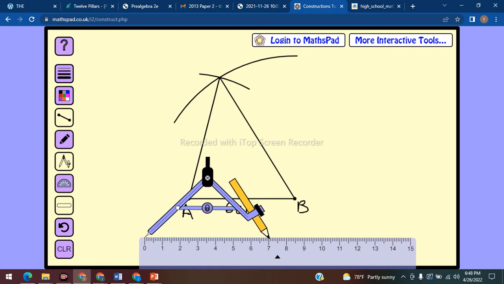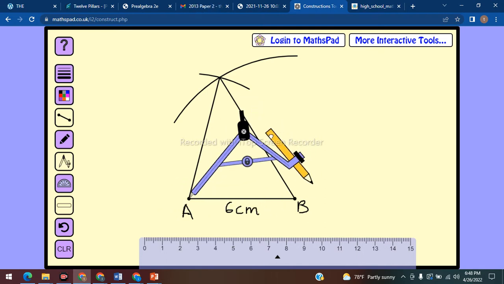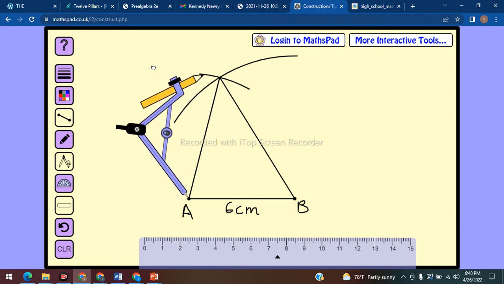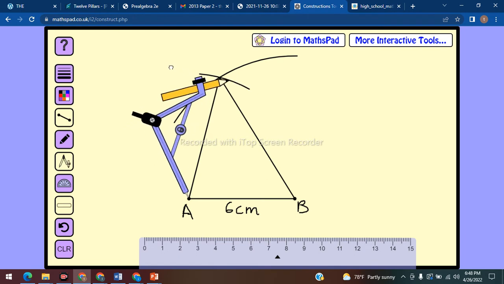Once I got it to exactly 7, I locked in my compass. Then I went to the point A and drew in 7 centimeters. Okay, I got it.